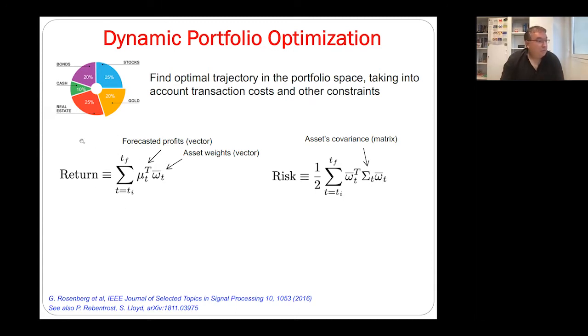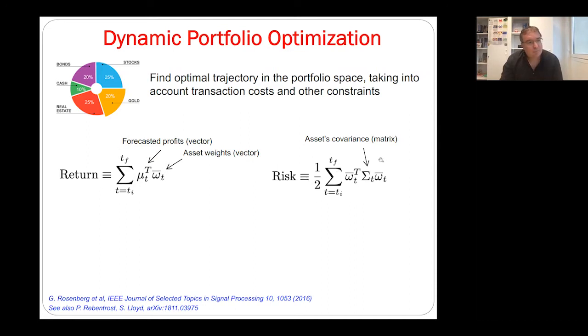Now the return is going to be this quantity here, where this vector here, the T means transpose, are the forecasted profits. This I can compute from the prices. I will explain later. But these are the logarithmic returns for each one of the assets. And at the end, since they are logarithmic, I can just do the sum over all the different trading times. And this is the total return of the portfolio.